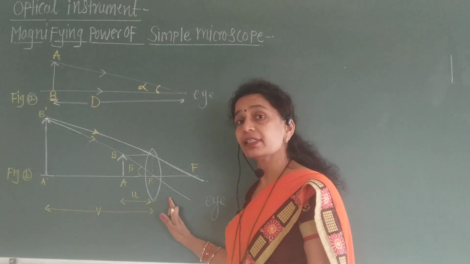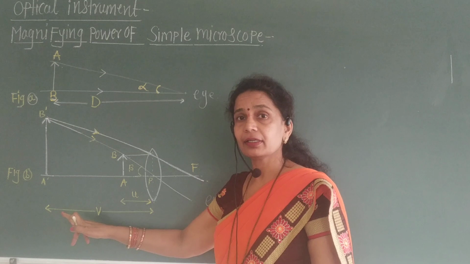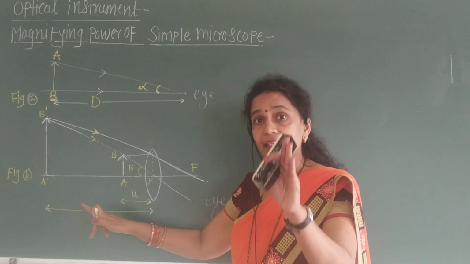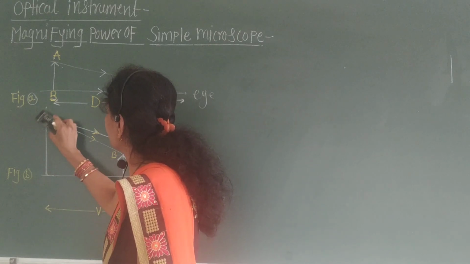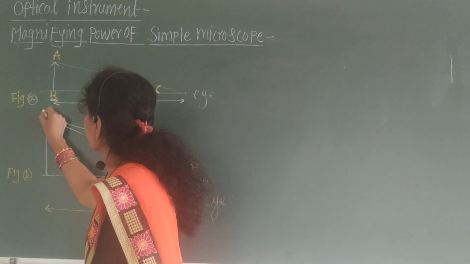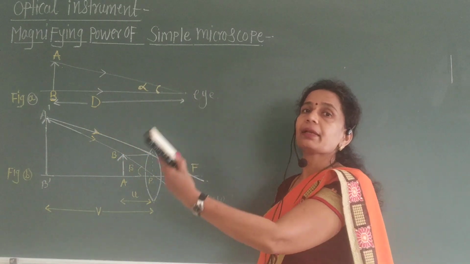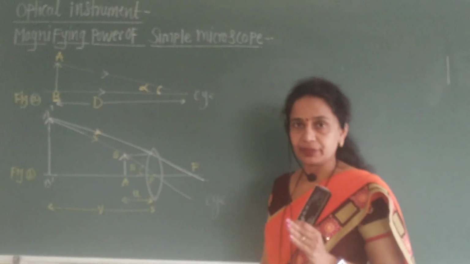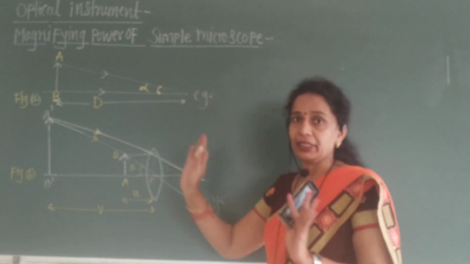Then this convex lens produces a virtual, magnified and erect image A dash B dash on the same side of the object, that is, on the same side where we have kept the object, you will get the image.